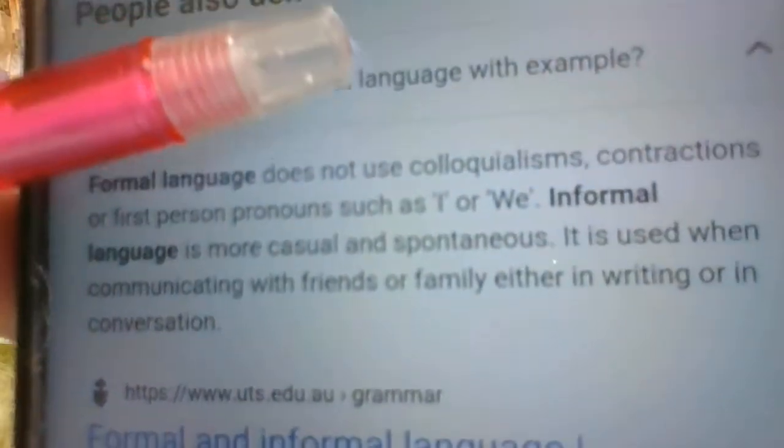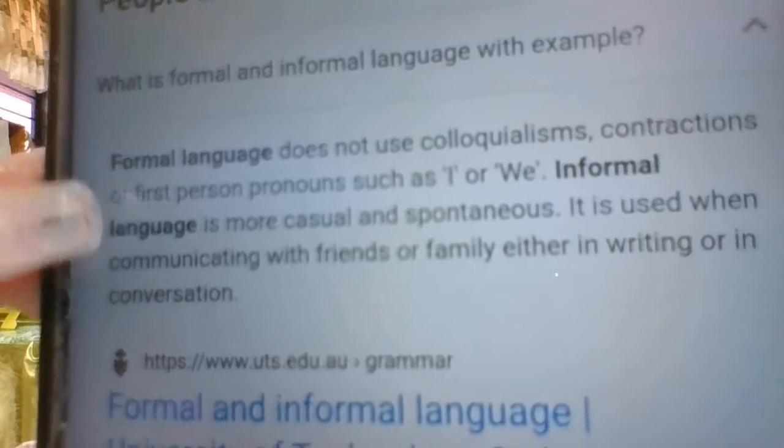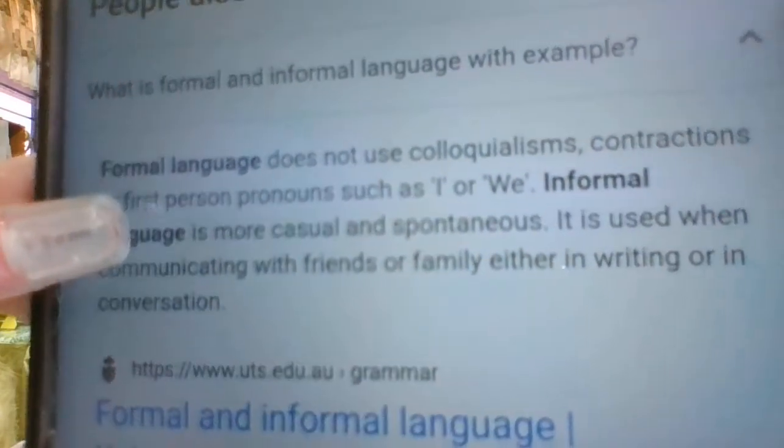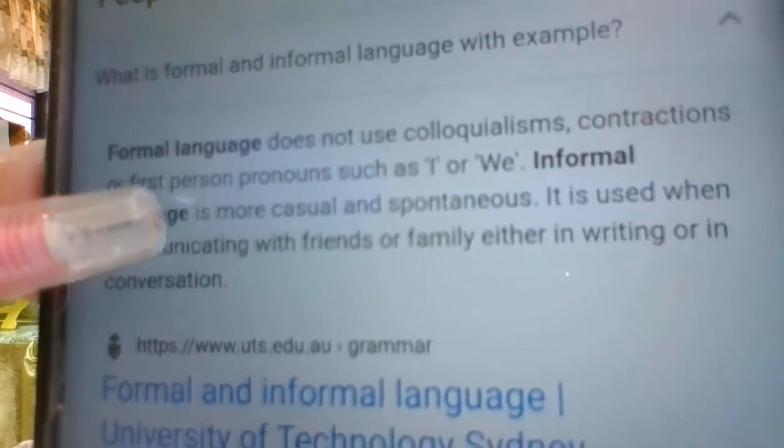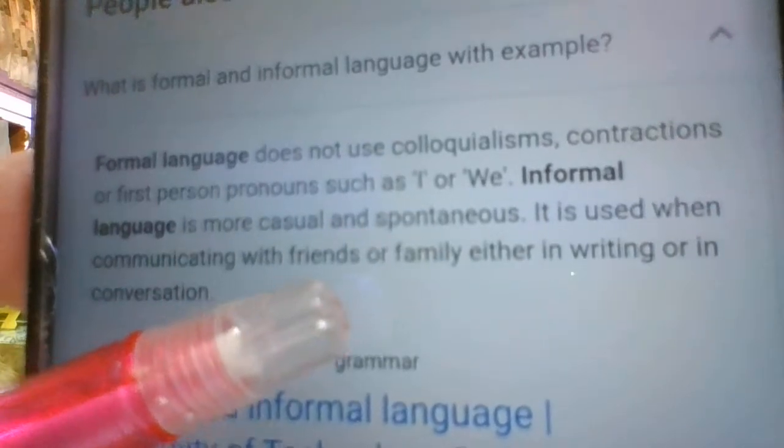This is for you to know what is formal language and what is informal language. So informal is more with family members.